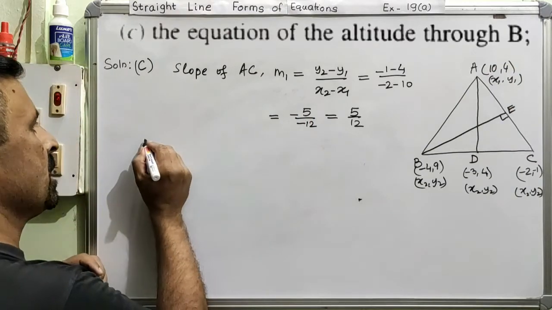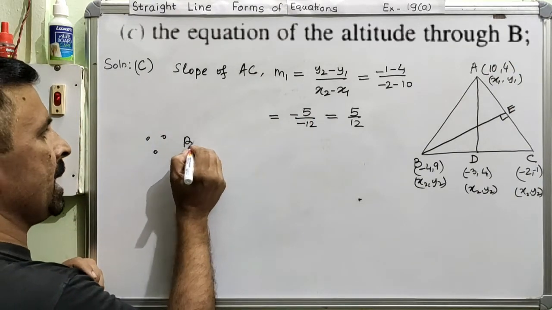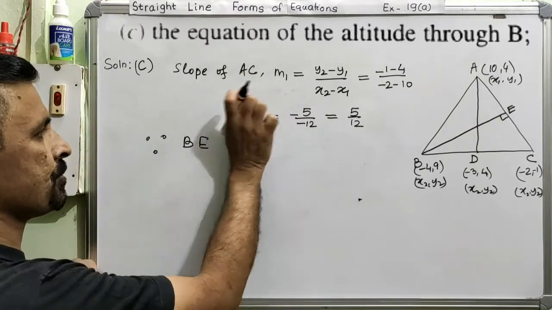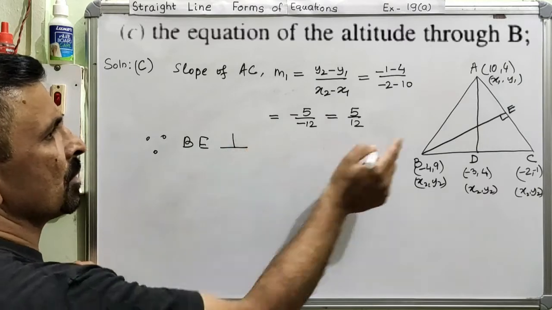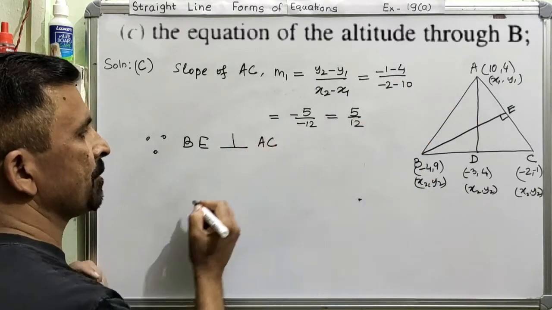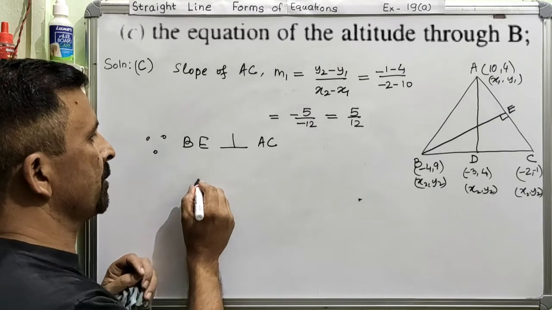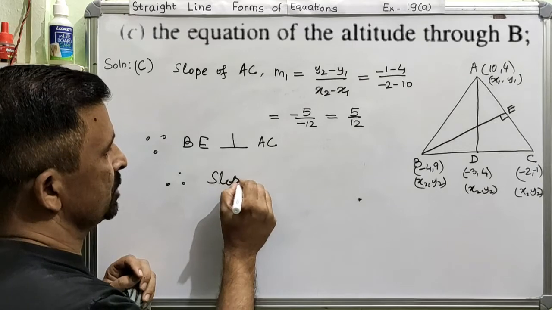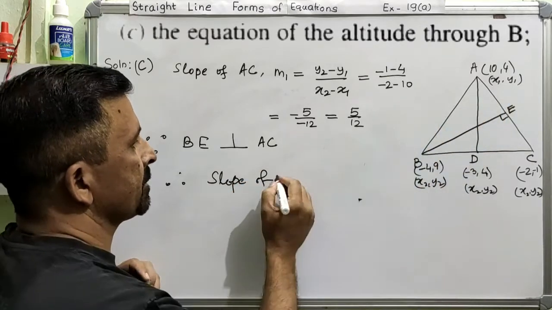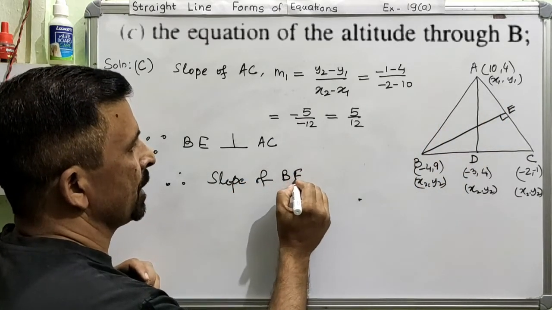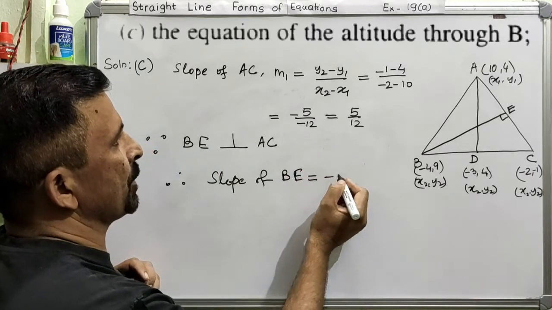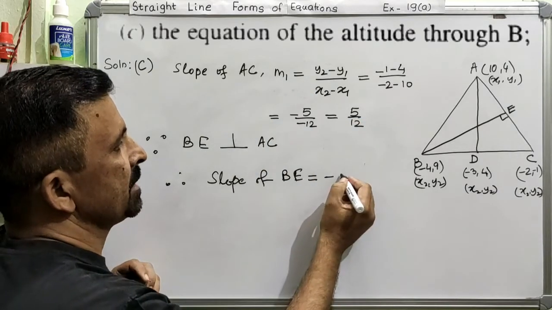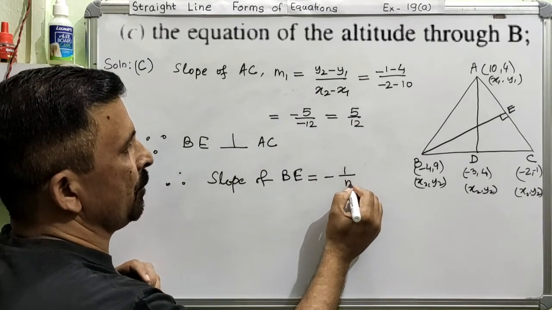Isn't it? Now since BE is perpendicular to AC, right? Therefore the slope of BE will be the negative reciprocal of the slope of AC, that is negative reciprocal of M1.